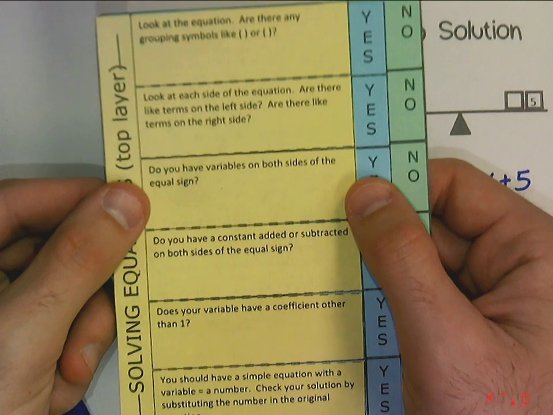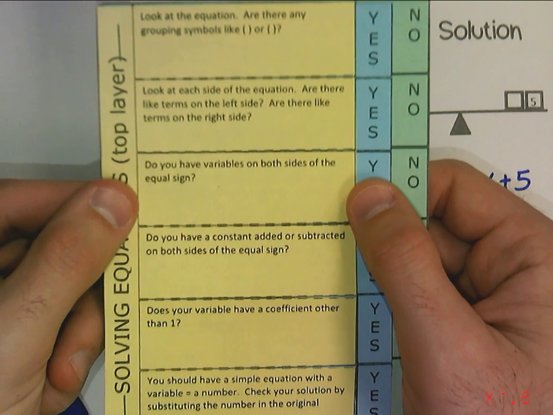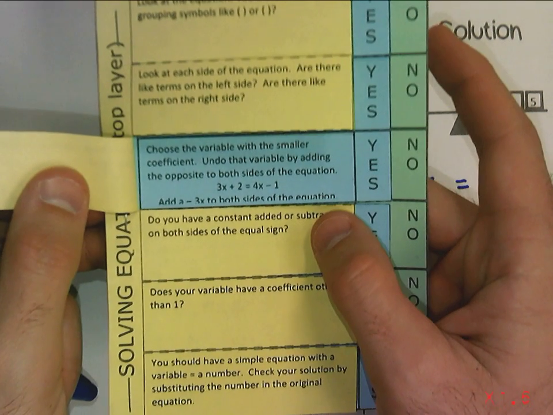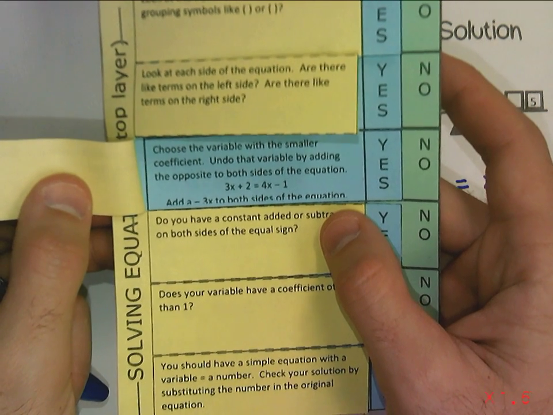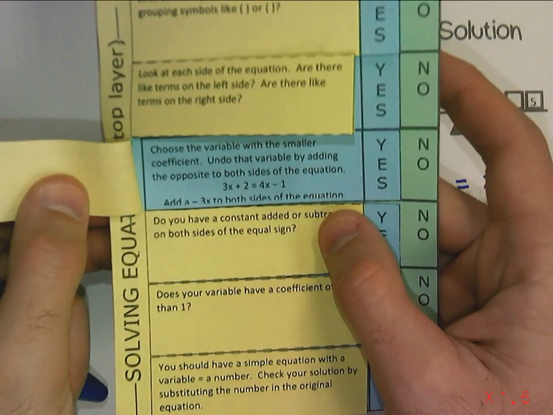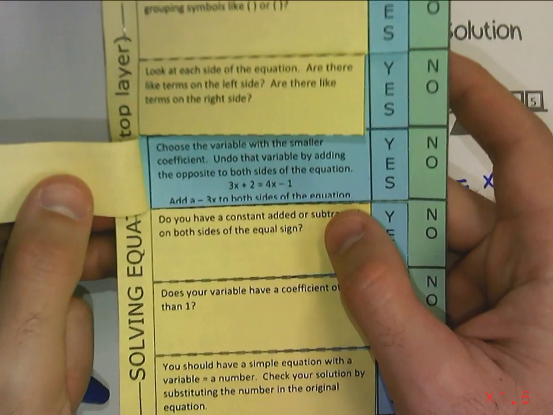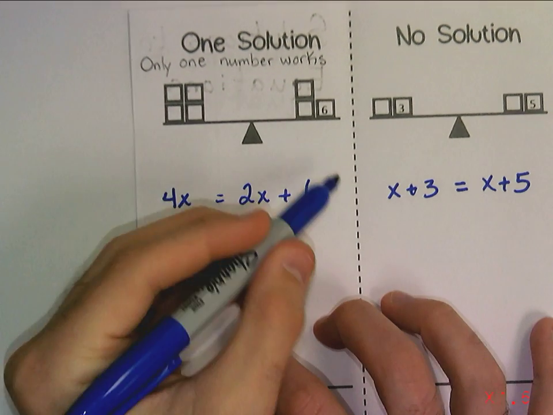Do you have variables on both sides of the equal sign? In this case, yes, we do. So let's open this up. It says choose the variable with the smaller coefficient, undo the variable by adding the opposite to both sides of the equation, or just subtracting or adding depending on what it is. So if I look on the right-hand side, I have more going on over here.